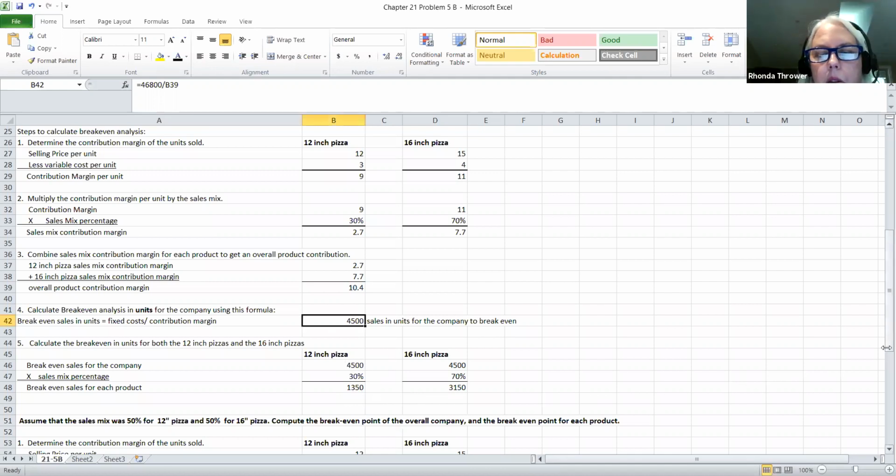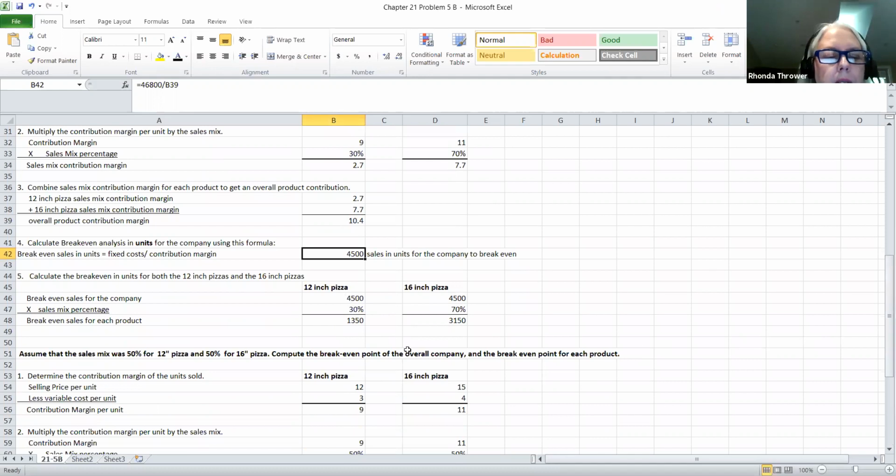In the last part of this problem, they had a what-if analysis. Assume that the sales mix was 50% for 12-inch pizzas and 50% for 16-inch pizzas. But since there was a sales mix percentage of 50%, then we really need to start the steps again.